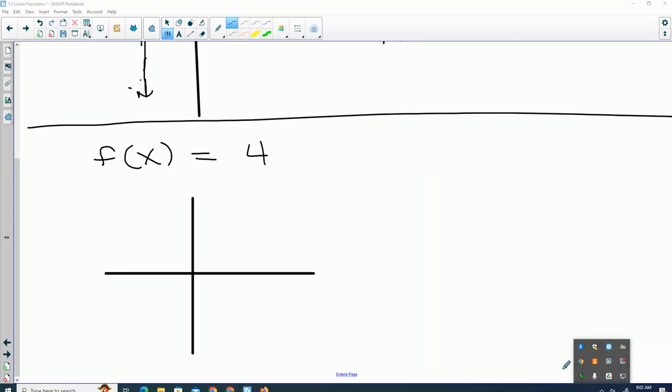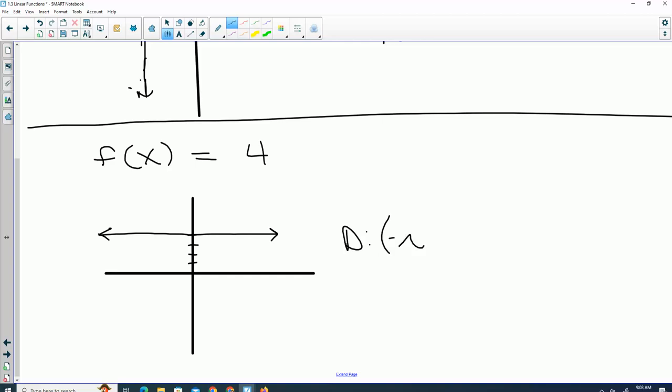So f of x is the same thing as y equals 4. There's a horizontal line at 4. My domain this time is going forever to the left and right, so domain negative infinity to infinity, but range, we are only hitting a single value, so my range is just 4.